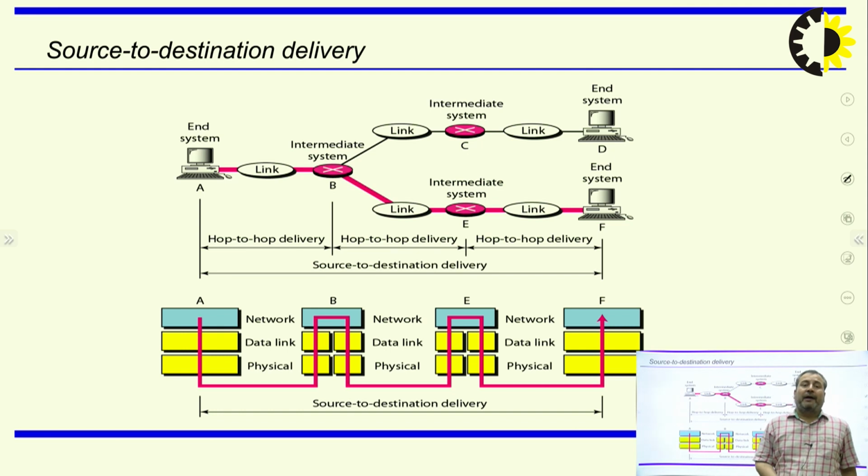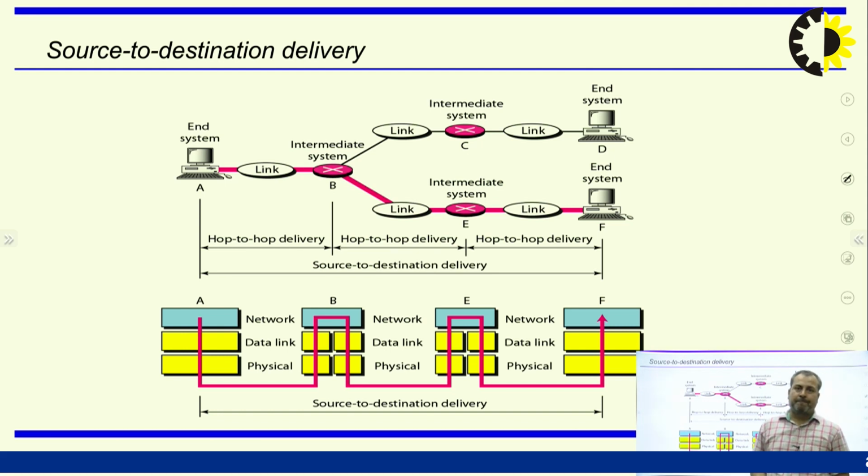The next layer is called the transport layer. The transport layer basically ensures end-to-end delivery. The other services of the transport layer are flow control and error control, and the mandatory service is end-to-end delivery.